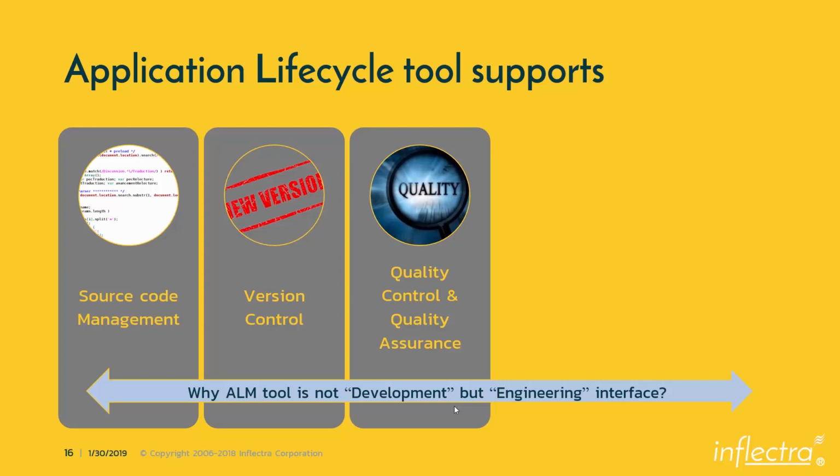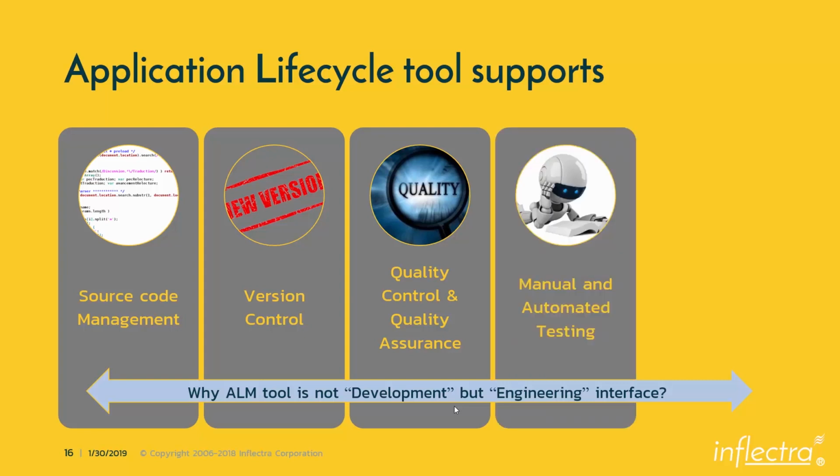While it does all these things, it should also remove the subjectivity in quality control by incorporating a proactive and process-based focus on quality for quality assurance. So the ALM tool should provide this interface to governance using proper workflow.